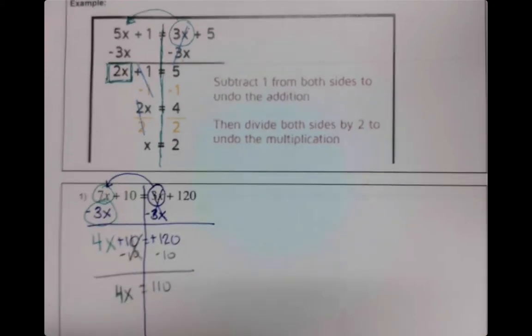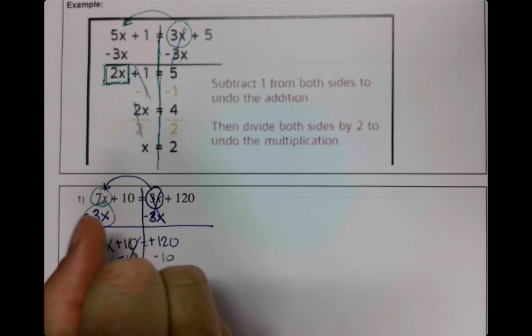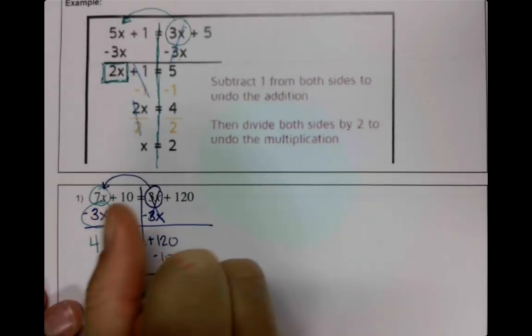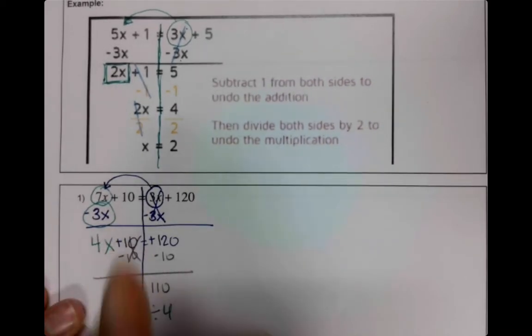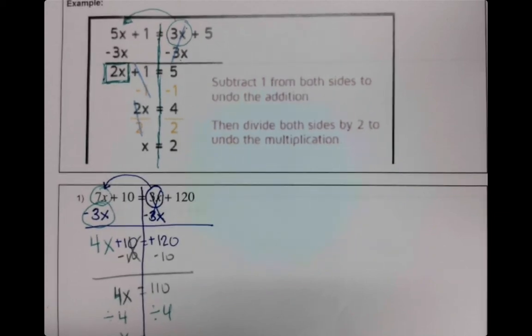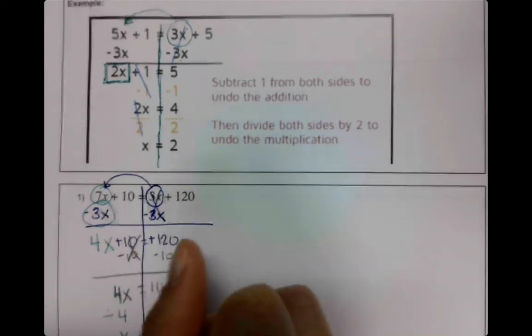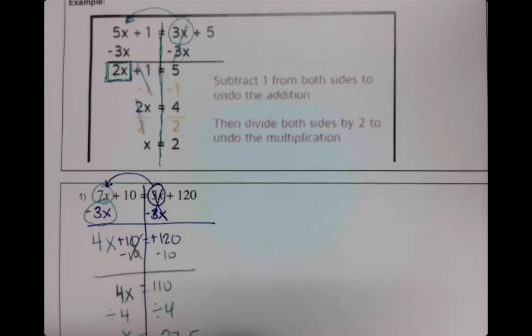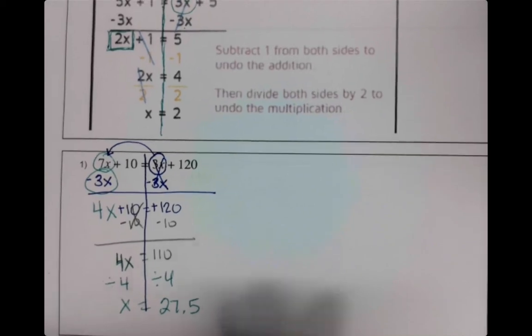In order to get x alone, right now I'm separating. So divide by 4. And 110 divided by 4 is 27.5. That is it.